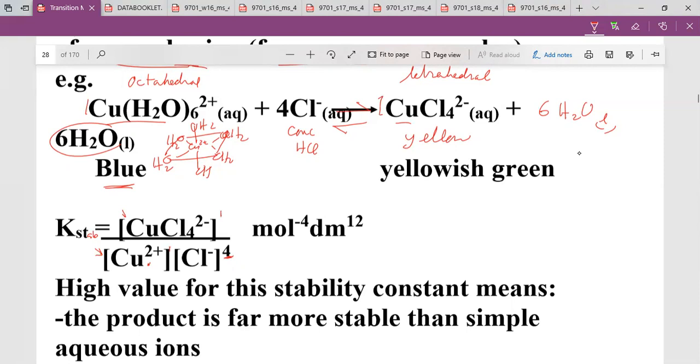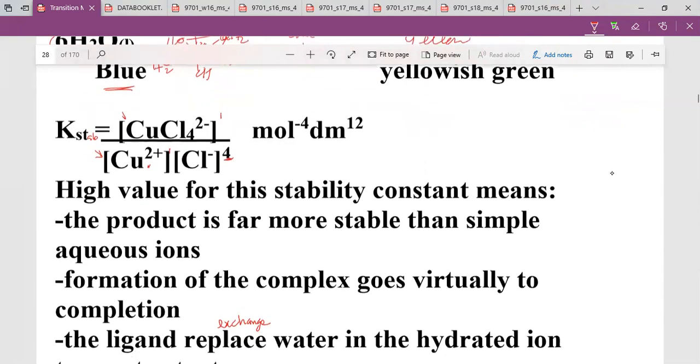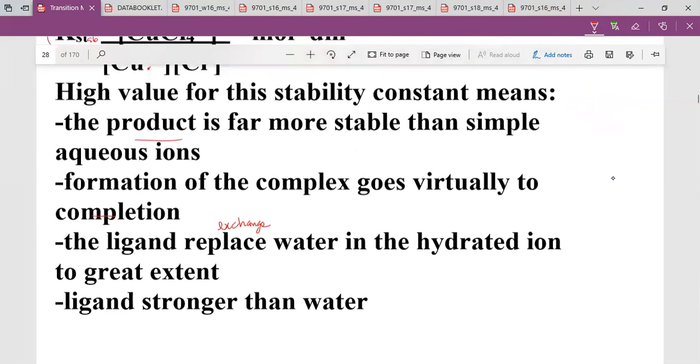Now the size of this value will tell you how stable this product is. The bigger the value, the more stable. It means that you shift to completion. So what happens is that the ligand replaces or exchanges the water ligand. So it's called a ligand exchange reaction.